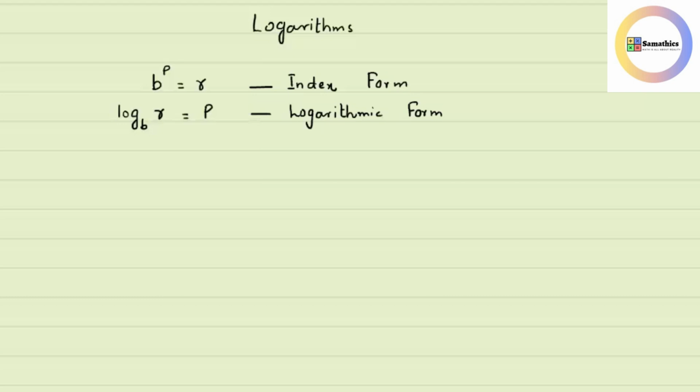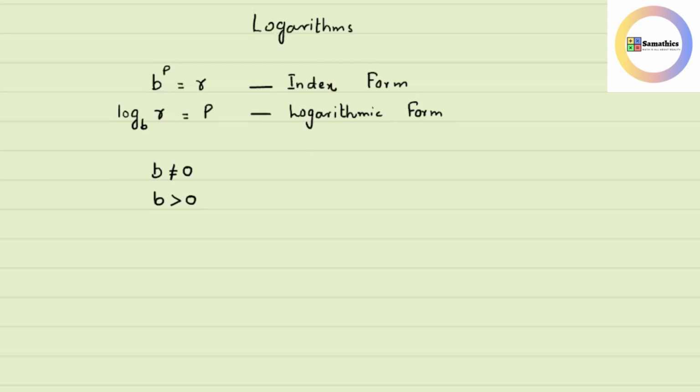Now, there are certain conditions you must remember. When you write in log form, the base b cannot be 0. b is not equal to 0. b must be greater than 0, right?